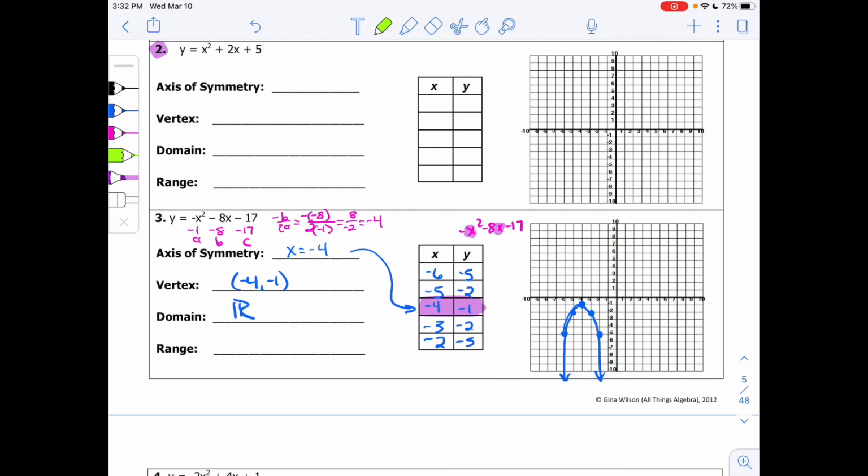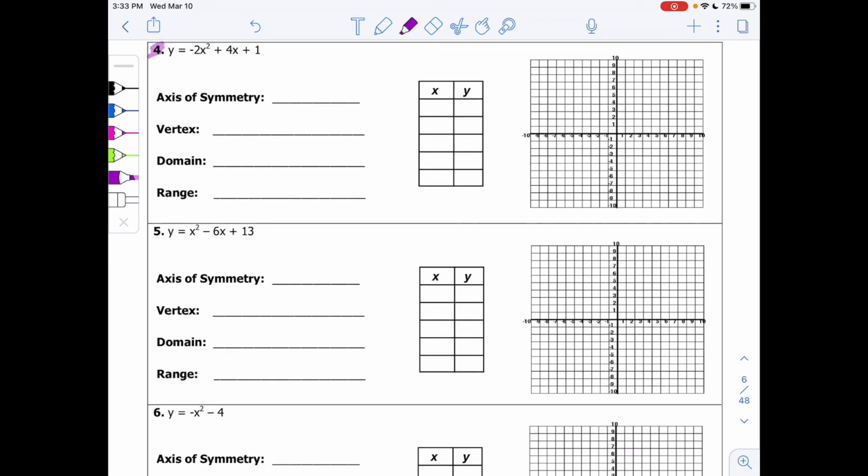I don't start getting a graph until I get to -1. Then that's when I can start hitting my graph. So anything beginning at -1 and lower. My range is my y value, so it always starts with y. This time it's going to be less than or equal to, because it's at the bottom of our graph. Less than or equal to -1.